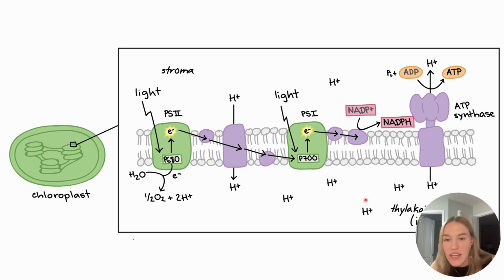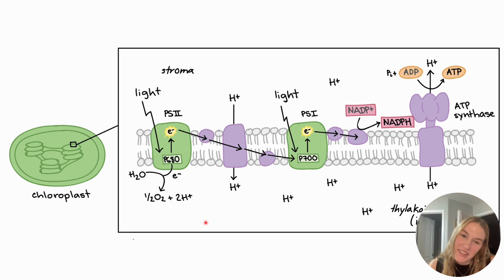Now, taking advantage of this high concentration of protons in the lumen and low concentration in the stroma, we are able to allow protons to flow through ATP synthase just like it would in a water wheel to physically turn ATP synthase to form ATP from ADP plus an inorganic phosphate. This is the light-dependent reaction, and it is one of the coolest things in biology.